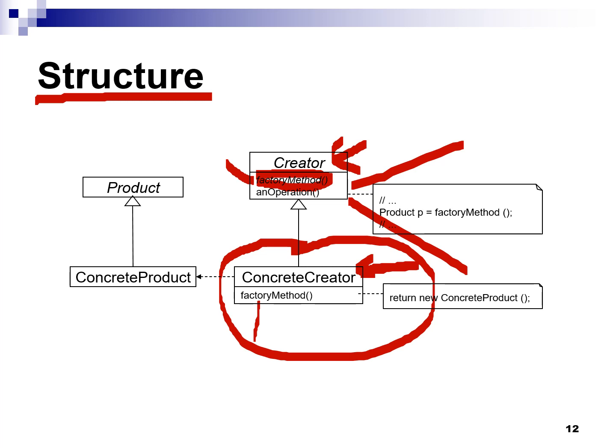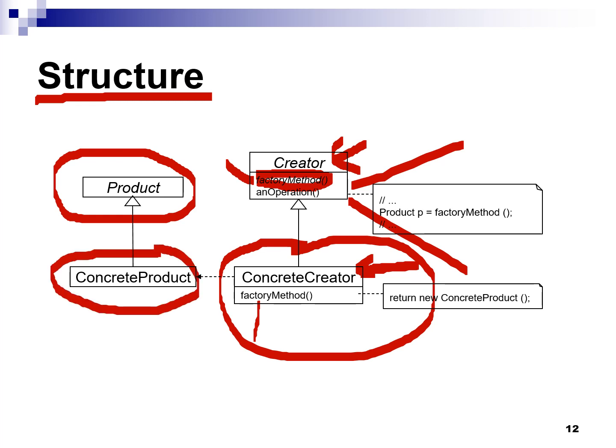And then we have the products. We have the abstract class Product, and then we have the ConcreteProduct. Each concrete creator is paired with a concrete product, which is the object that is created in this factory method.